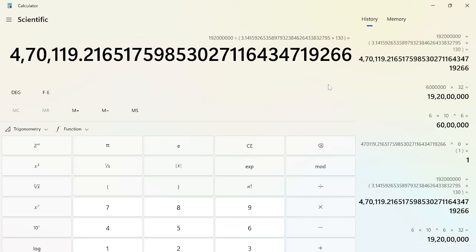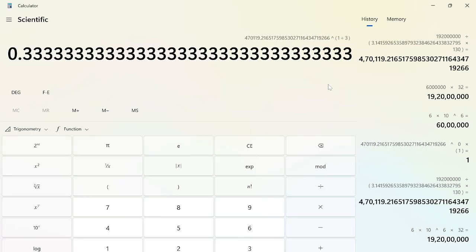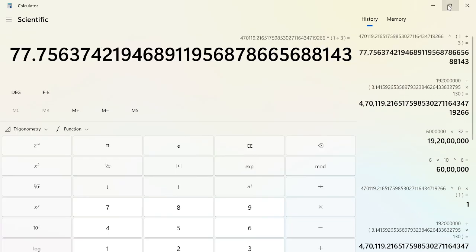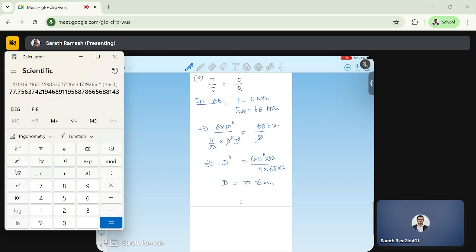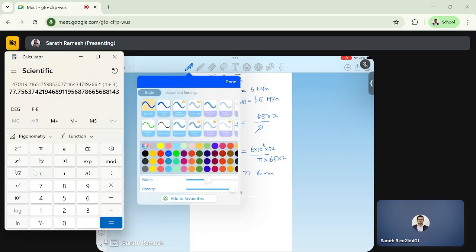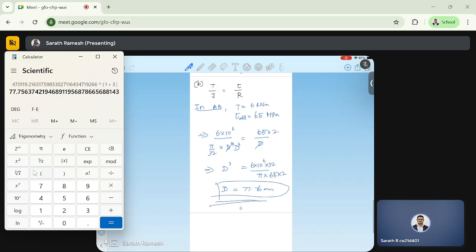Okay, this to the power 1 by 3, the cube root. 77.76 mm. This is as per shaft AB. And now I think we are done, right? So this is the diameter.